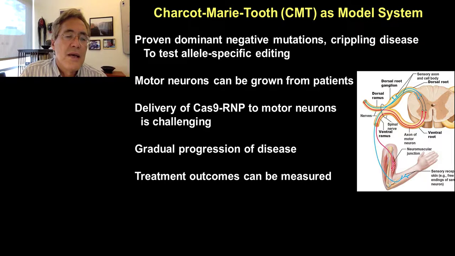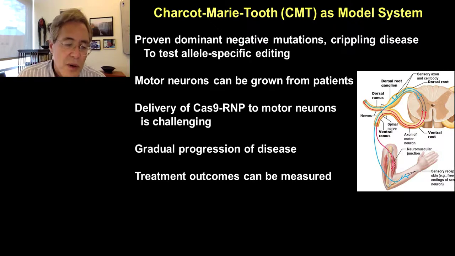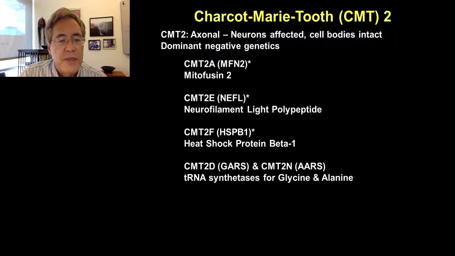There's gradual progression of the disease, and the treatment outcomes can be measured in the sense that when you target someone's motor neurons, and if you make those motor neurons better, we know exactly what motor neurons do, and we can test that by motor function. So Charcot-Marie-Tooth 2 is the type that we're most interested in right now.